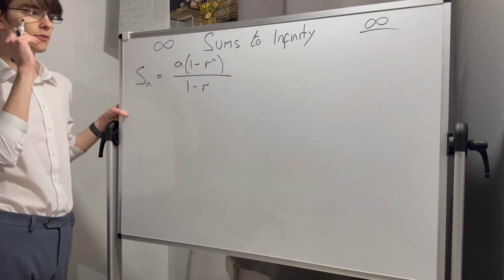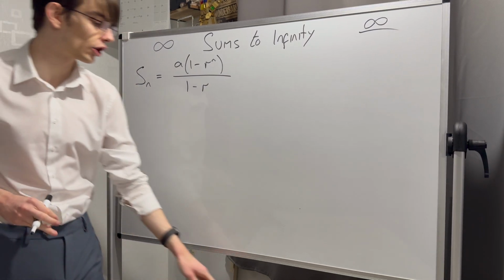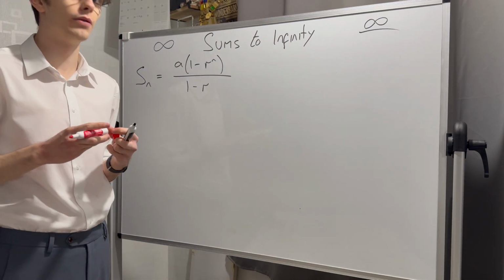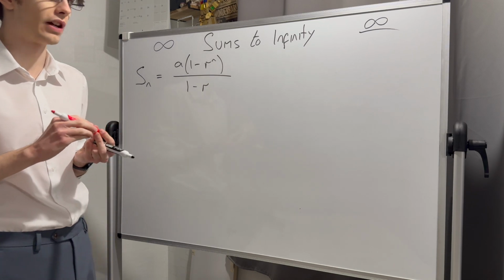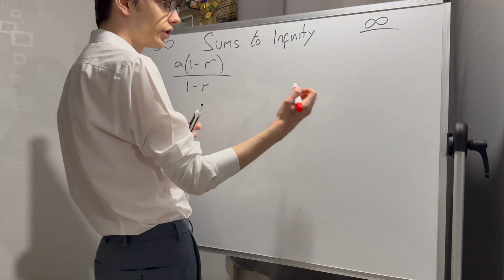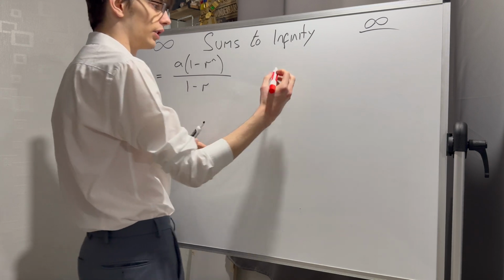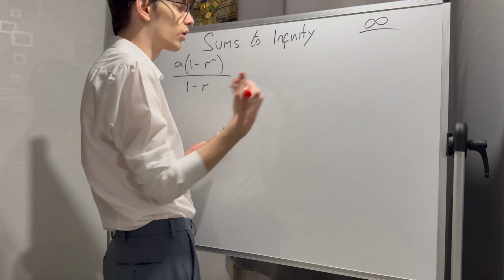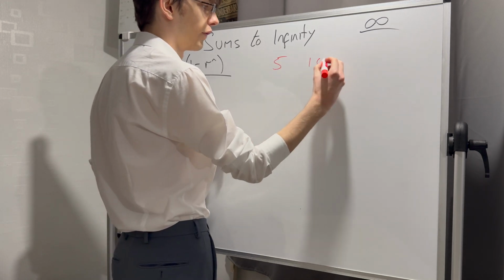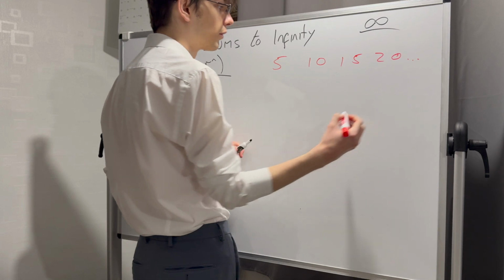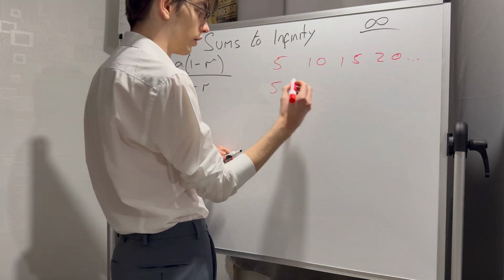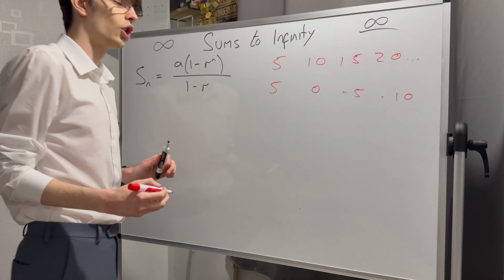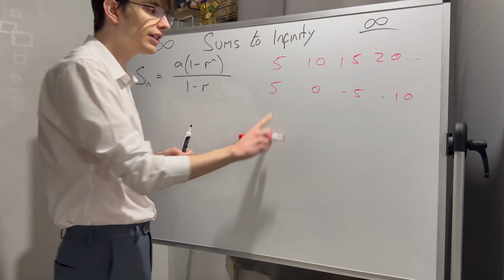The reason I'm doing a geometric sequence, as I kind of alluded to earlier, is that an arithmetic series will never be convergent. Because no matter what's going on in my arithmetic series, my numbers are always going to be getting either continuously larger or continuously smaller. Either it will be 5, 10, 15, 20, and so on, or going backwards, 5, 0, -5, -10, etc. We're never going to converge on a point.